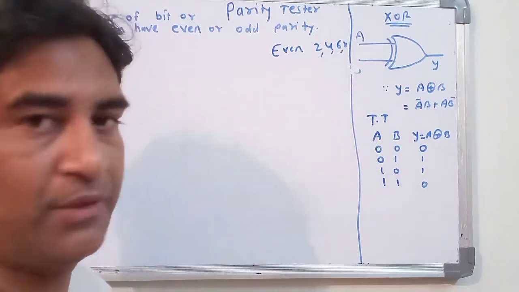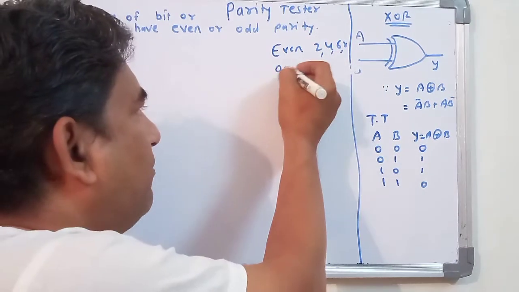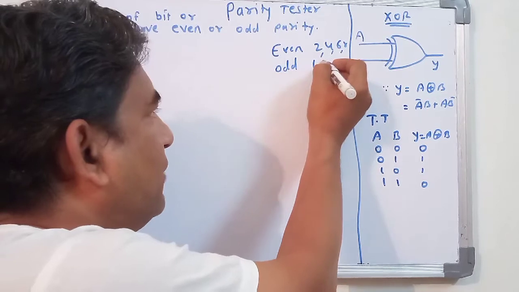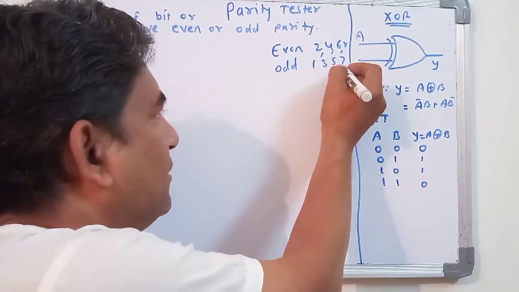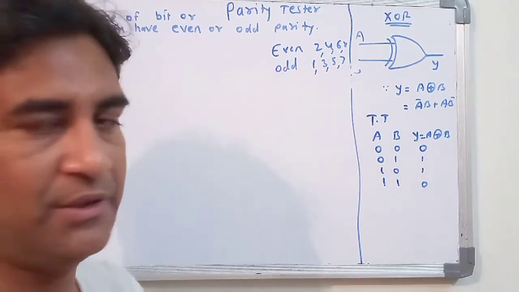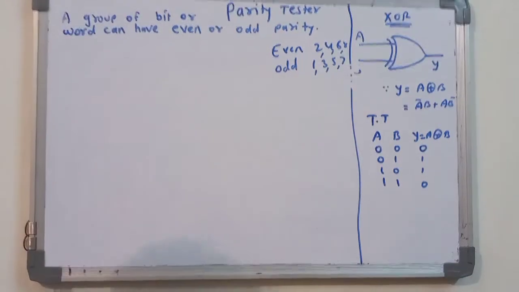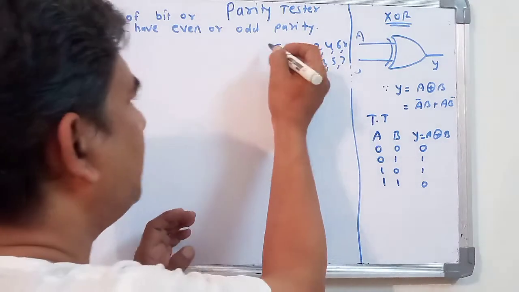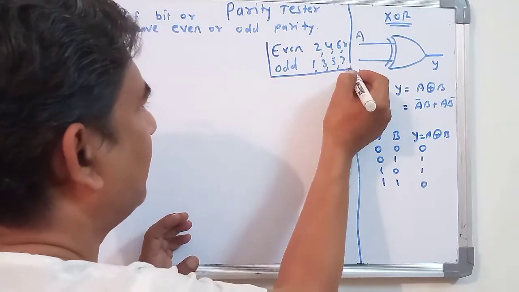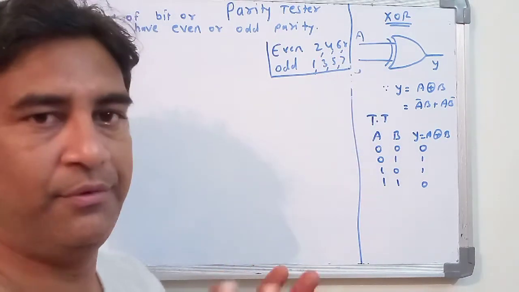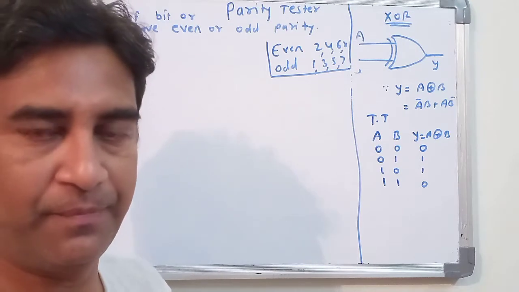These are all the even numbers, and the odd numbers you get are 1, 3, 5, 7. So these are the odd numbers which you will get in that format. Now from these odd and even numbers, you have to design the logical diagram.